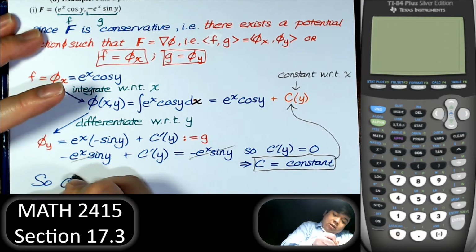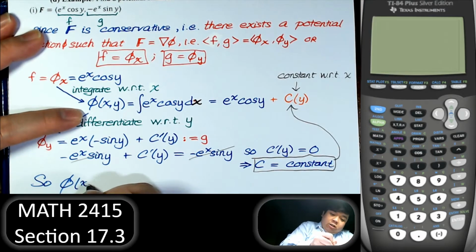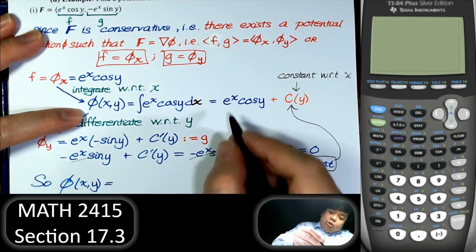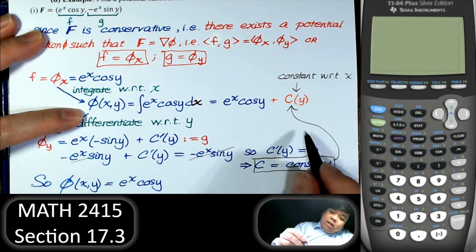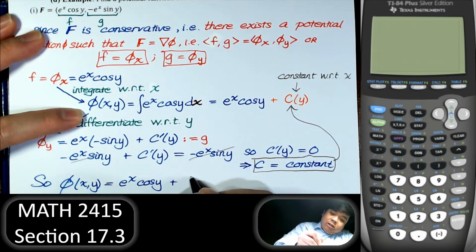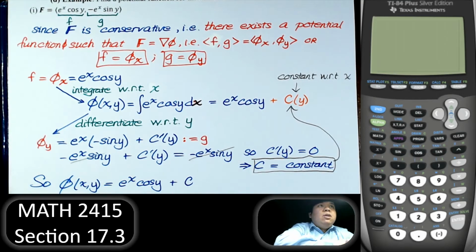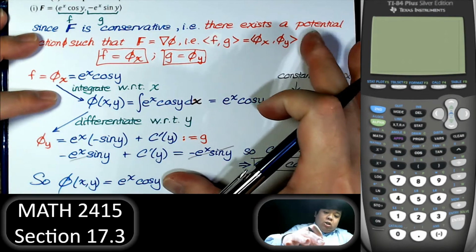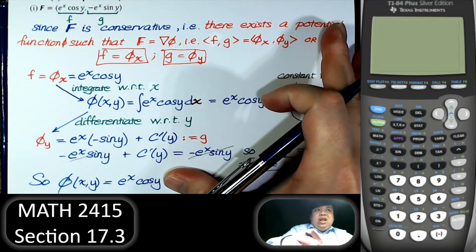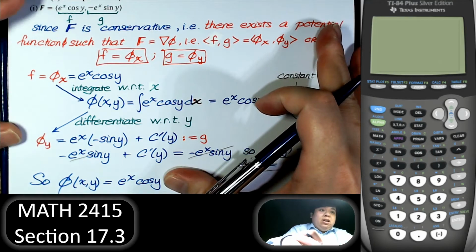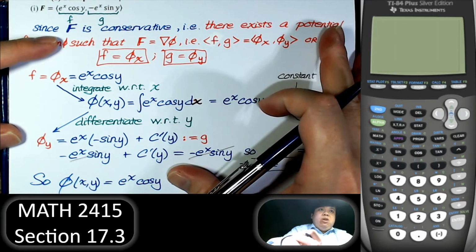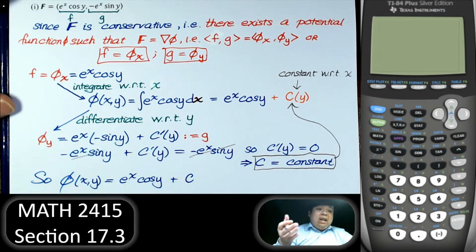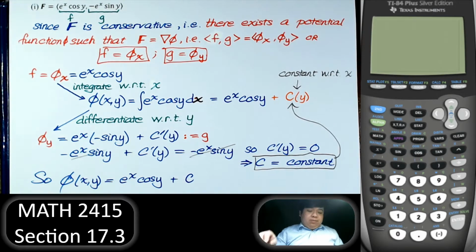So the potential function is equal to e to the x cosine y plus a constant. By the way, the question only asks for a potential function, so we can choose C to be 0 if we just want a potential function, right?